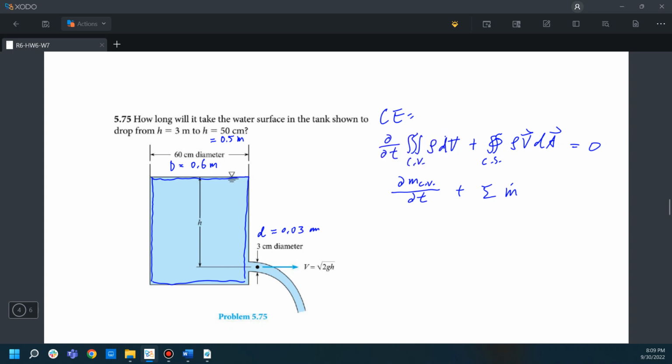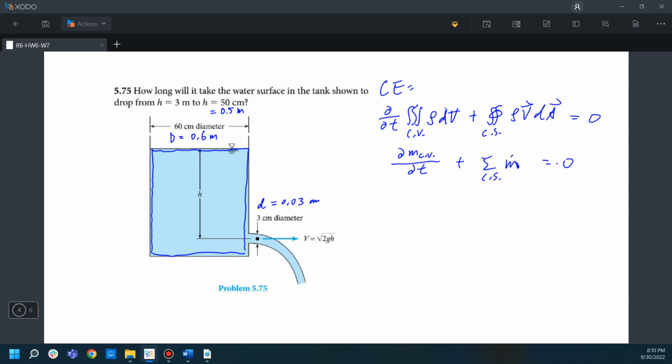So let's note that this is out. I will just write the flow rate here for generalization. That is equal to 0 over this control surface.